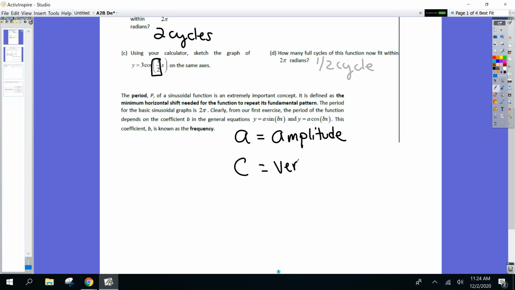That's the vertical shift, and we sometimes called it the midline. All right, now I'm going to introduce a new letter, B. Everyone see where it's located. It's that number in front of the x, B. That's going to be referred to as our frequency.